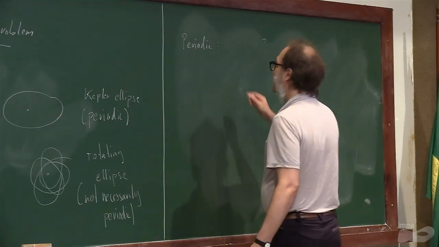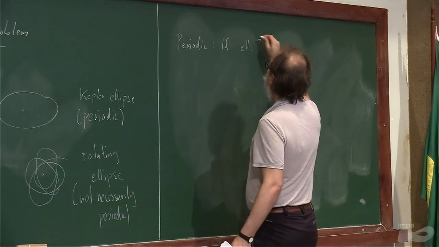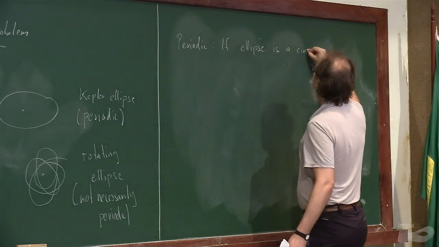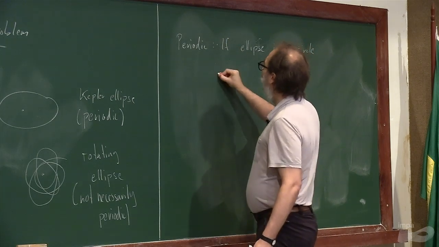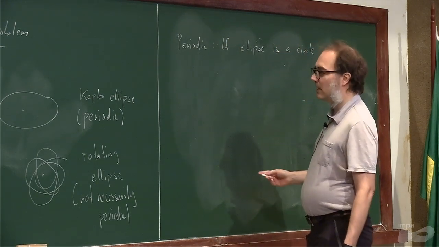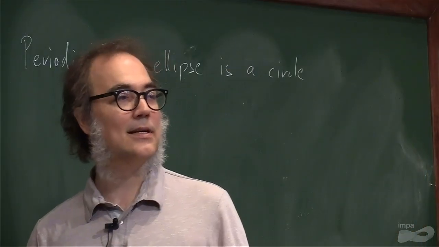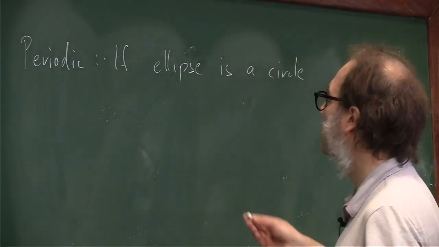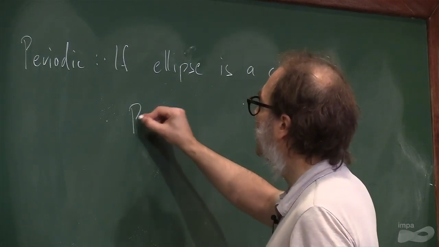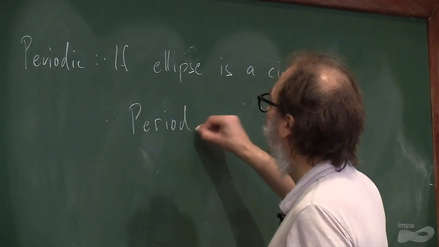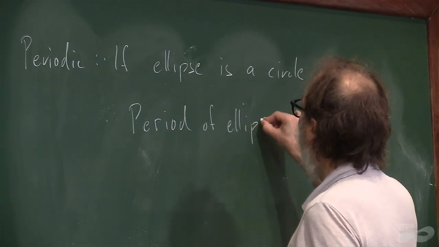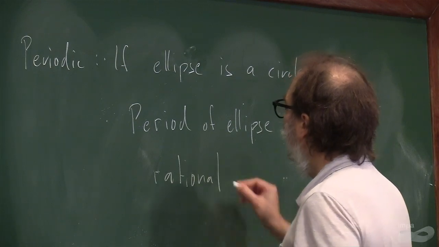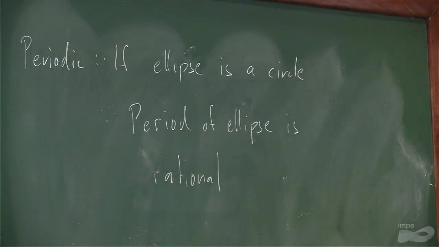So it's periodic if the ellipse is a circle, or it's periodic if the period of the ellipse is rational.